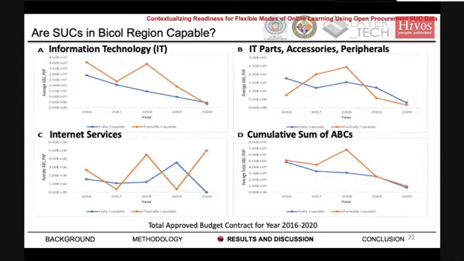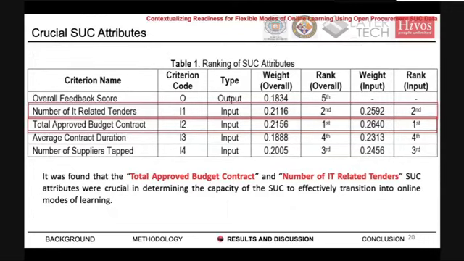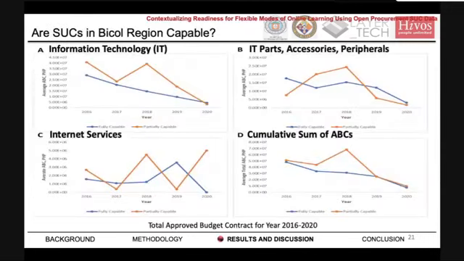So here, we have looked closely into the total approved budget contract, or ABC, as the most crucial attribute. That was the first one in the previous slide, the total approved budget contract. We have looked into it closely.